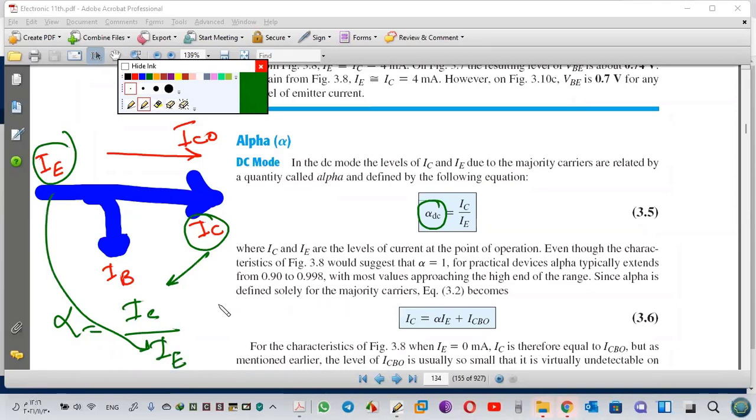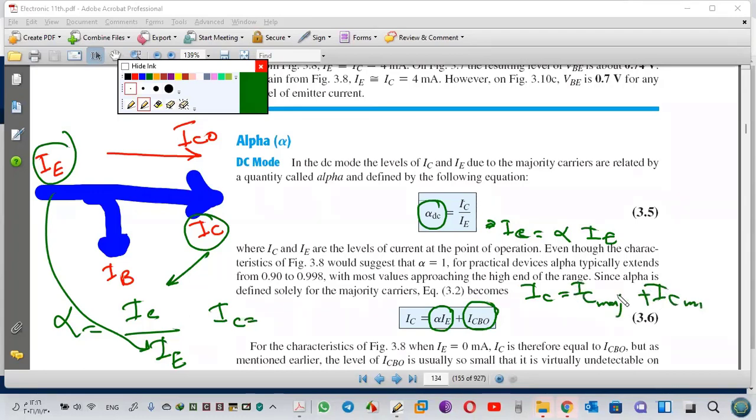We know that IC equals alpha IE positive ICB. How can we find this? See here, IC equals alpha IE, and we know IC is IC majority positive IC minority.